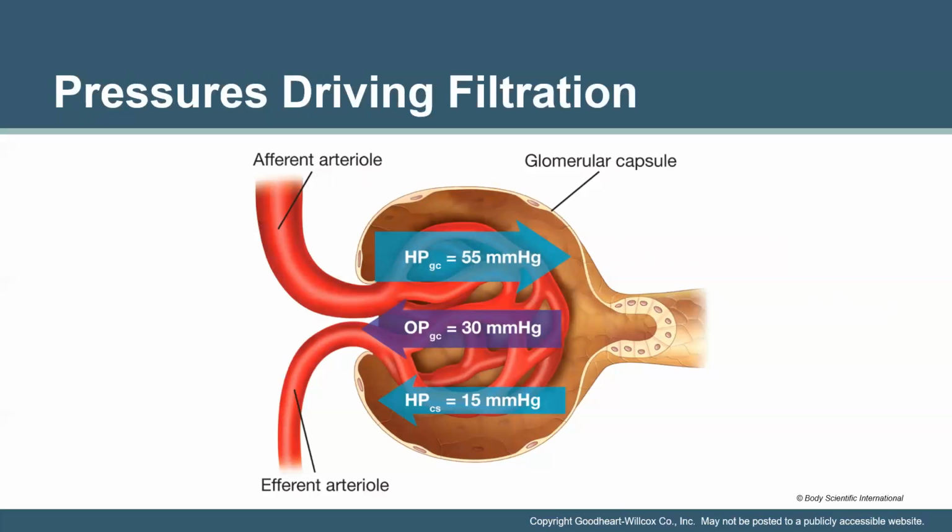So when we are talking filtration, like what assists it in doing what it's supposed to do, we understand that within that capsule, there's a certain amount of hydrostatic pressure and a certain amount of osmotic pressure that should be present. If it becomes too much, we can damage these, which is the danger.